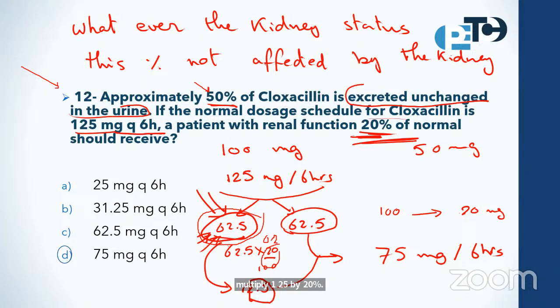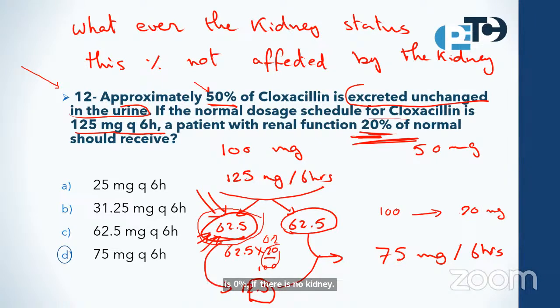But here, as I mentioned, 50% of the drug is not affected by the kidney. This excreted unchanged in urine means it is not affected by the kidney. So when the kidney is 100% active, this percent will be excreted. And when the kidney is 0%, if there is no kidney, this percent will also be excreted.